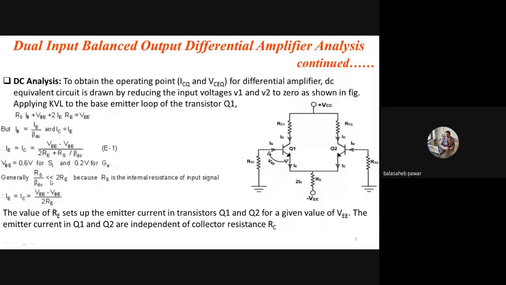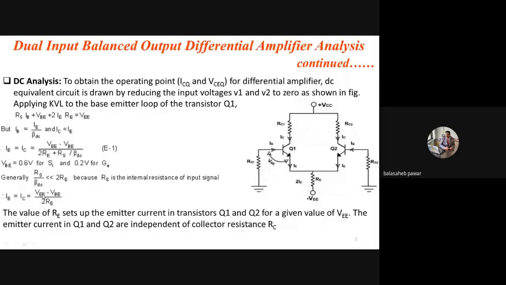RS is nothing but the internal resistance of the input signal source, its own resistance, and the amplification factor of the transistor is sufficiently large. So this ratio is very small compared to 2RE, hence we can neglect it, and equation 1 can be written as IE equals IC equals simply (VEE minus VBE) upon 2RE.